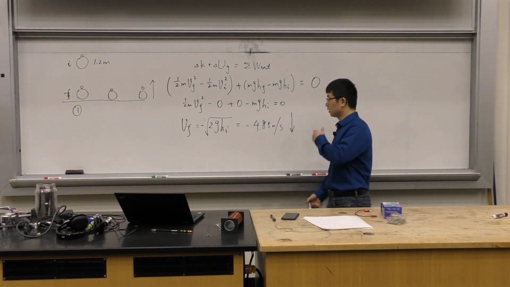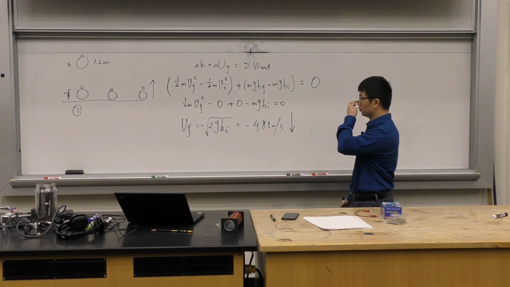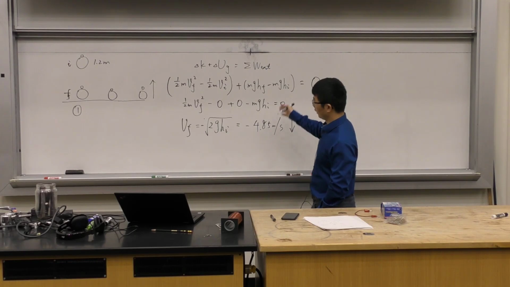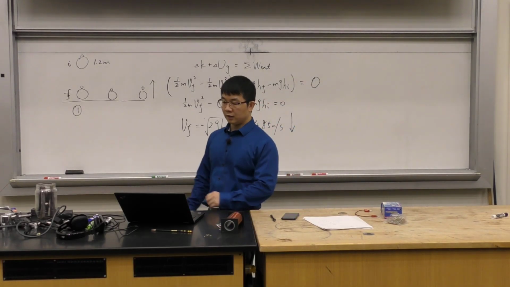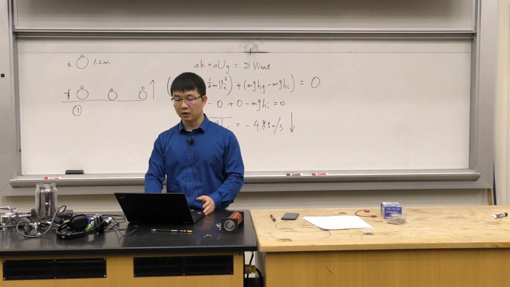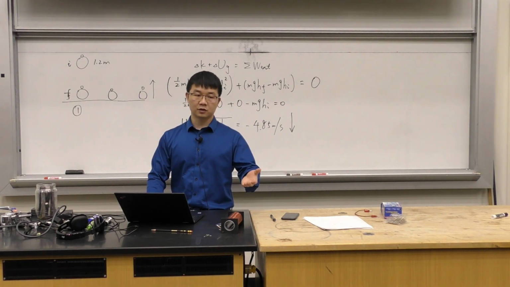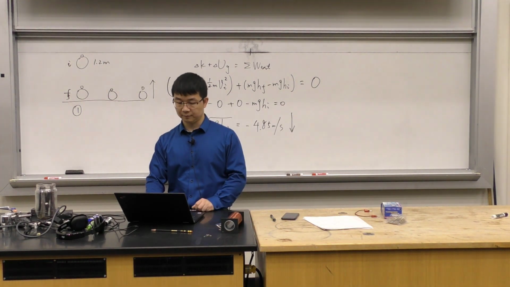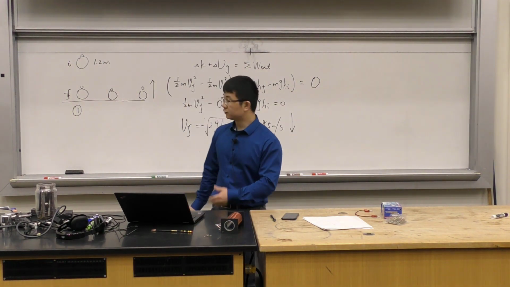Or you can just say the velocity is, you don't use the negative sign, you just say the velocity is 4.85 meters per second. Understand? Okay? So the first part, easy, free fall. You see that you can use either Newton's laws, kinematic equations, or conservation of energy. Now we're going to move on to the collision.